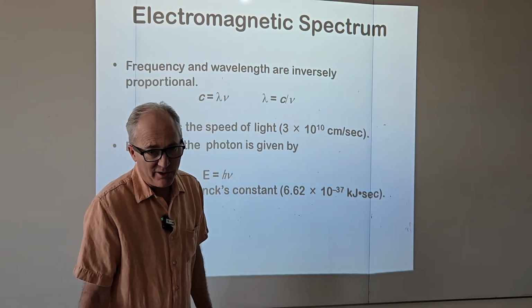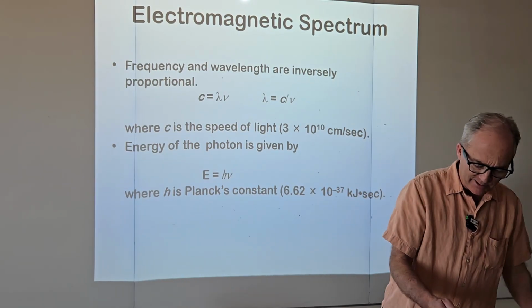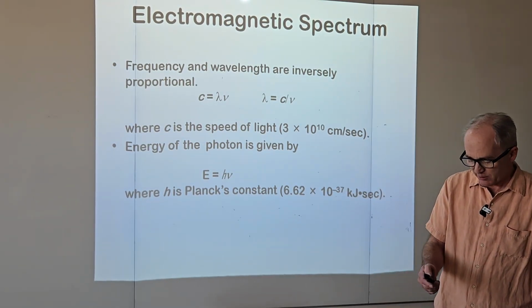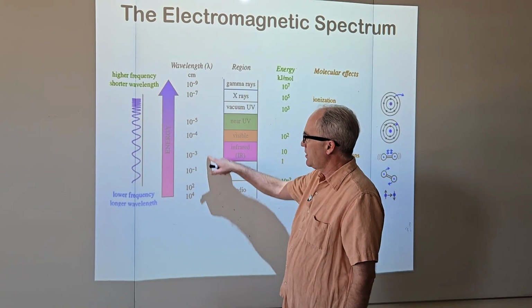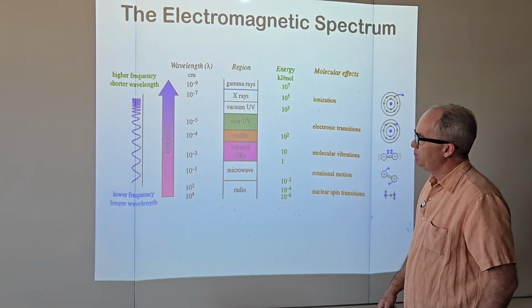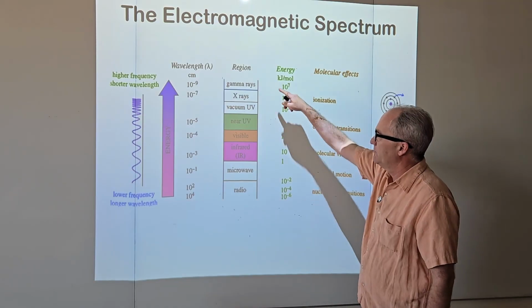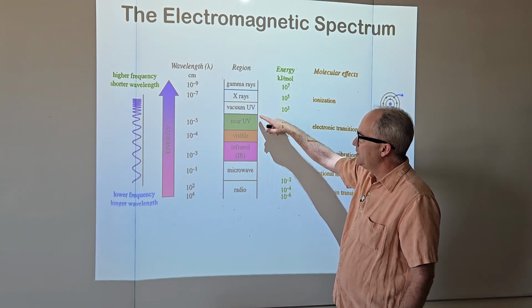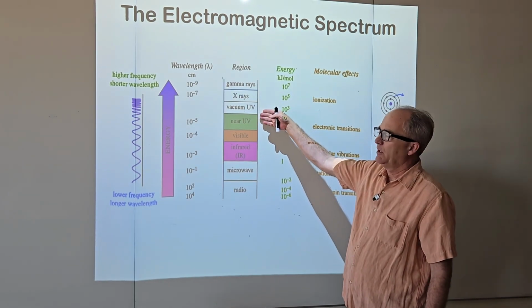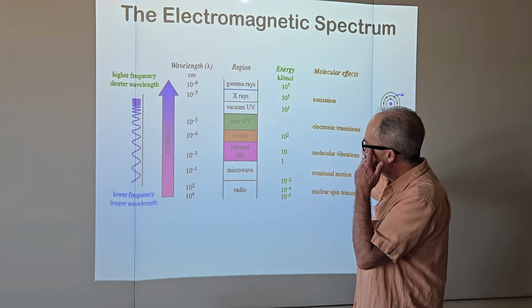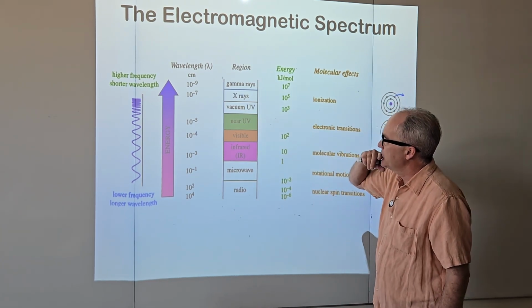So I guess the point of all that is electromagnetic radiation has energy. Here's a big swath of electromagnetic radiation by wavelength: short wavelengths, high energy, gamma rays, X-rays, UV. UV is what gives you melanoma, gives you wrinkles, cracks your dashboard.